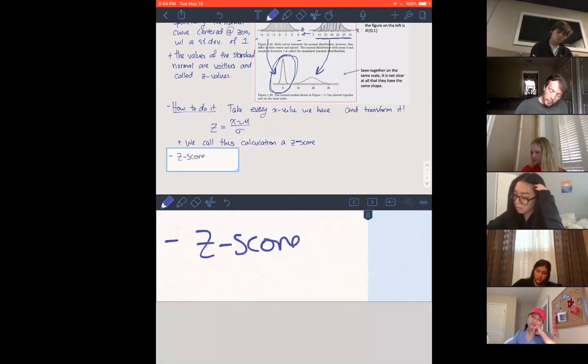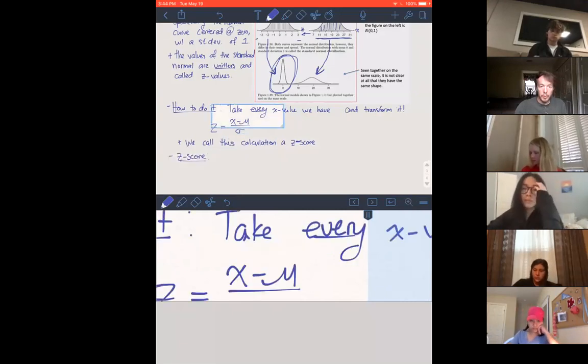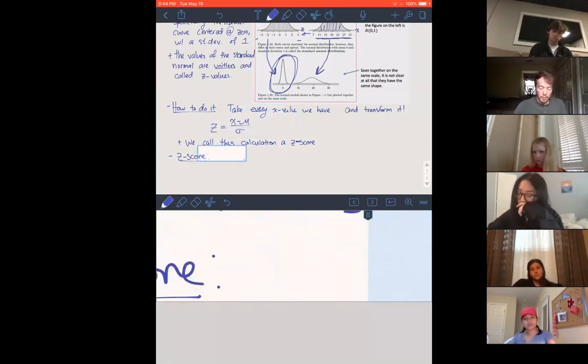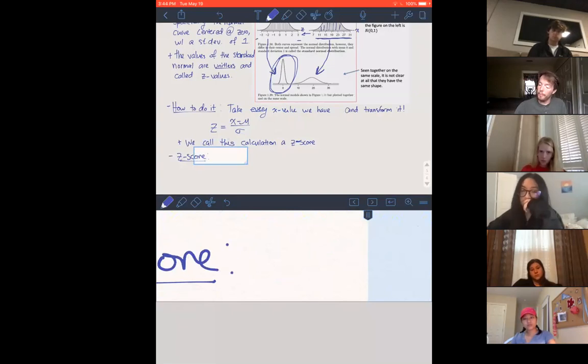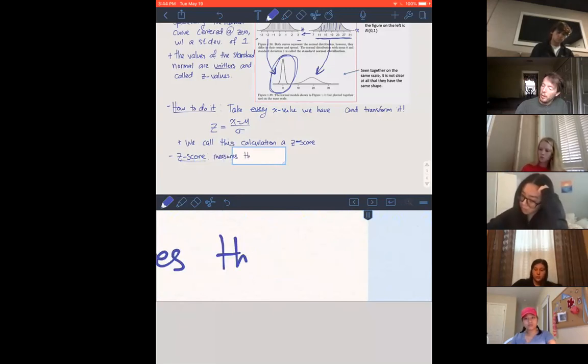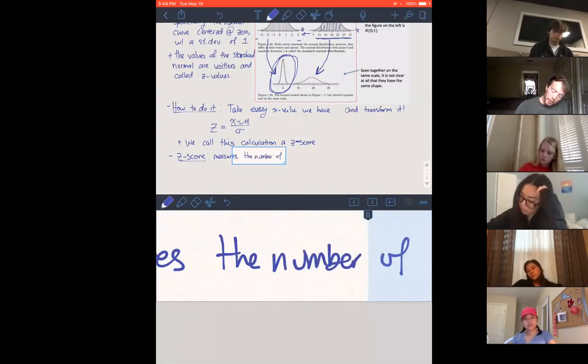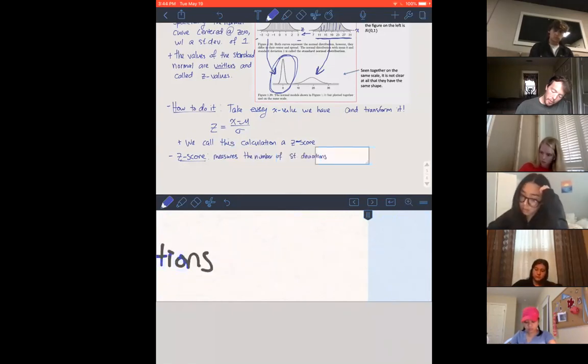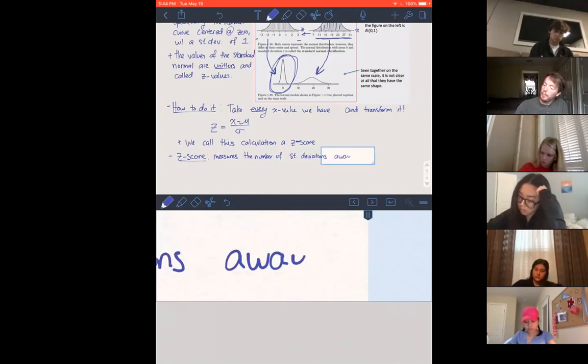So this value, if you took any x value that you had and you did this, you minus out the mean and divided by the standard deviation and got this idea of a z-score. The z-score measures the number of standard deviations away from the mean.